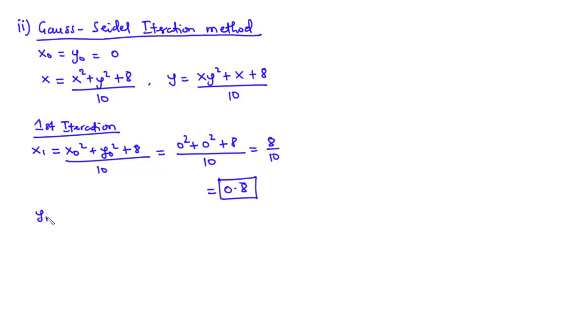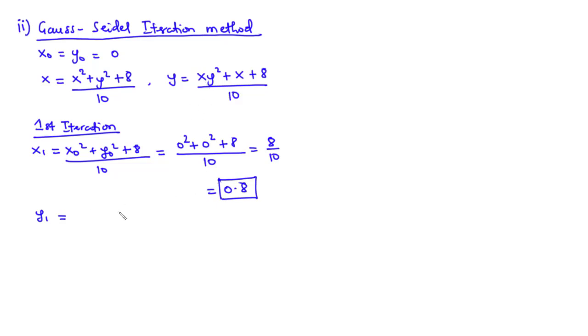Now for y1, instead of putting in the value for x0, what we are going to do is, because we are doing Gauss-Seidel iteration method, now you remember we did this in linear systems, we are going to update the records of x using the new x value that has been obtained. So instead of putting in the value of x0, we are rather going to put in the value of x1.